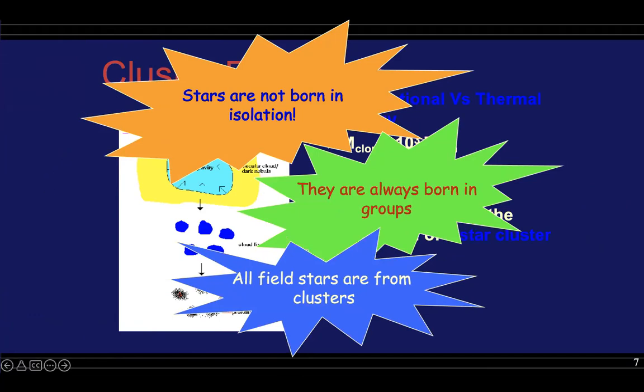So if you look at our sun, it appears to be a lone star. It doesn't seem to have any companion, no siblings with it. But surely our sun must have been born in a cluster, and then it got ejected out. As the stars are formed in clusters, they interact with each other gravitationally, and there are these two-body, three-body interactions, and the central core starts compressing further, and some of the stars can be ejected out.